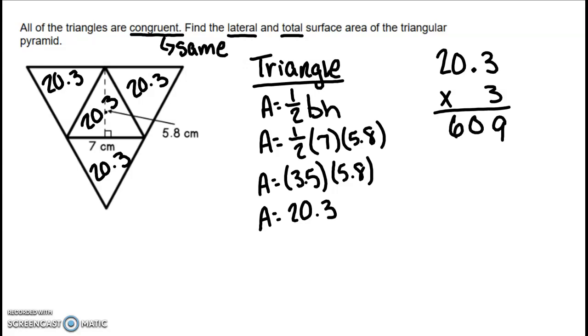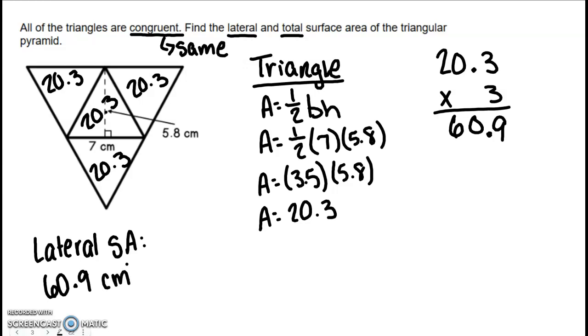And then in my multiplication, I have one number behind a decimal. So in my answer, I need to have one number behind the decimal. So my lateral surface area is 60.9 centimeters squared.